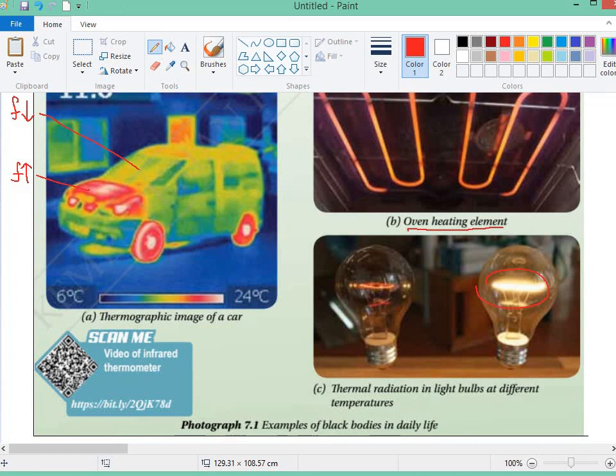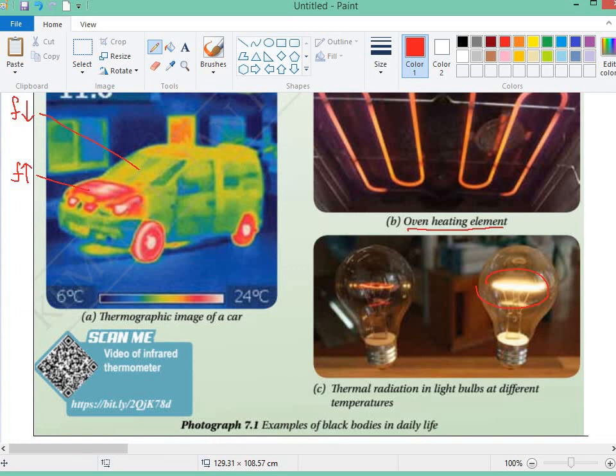Until here we learned that all objects can produce electromagnetic radiation, and if the object has a higher temperature, then it will produce electromagnetic radiation at a higher frequency. If it is very hot, and the frequency of the electromagnetic wave goes into the range of visible light, then we can see the hot object glow, glow red color.